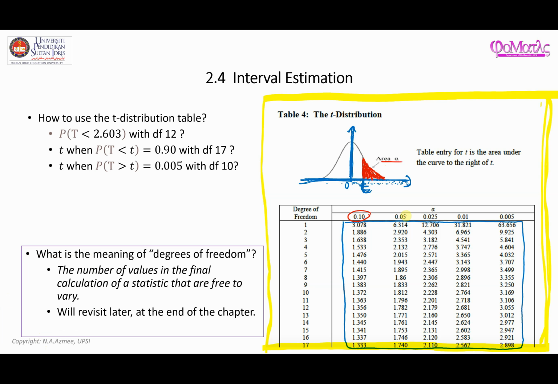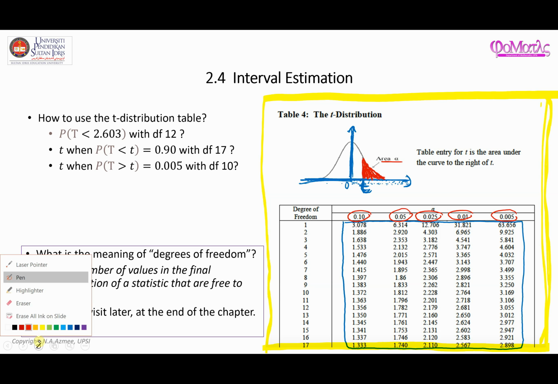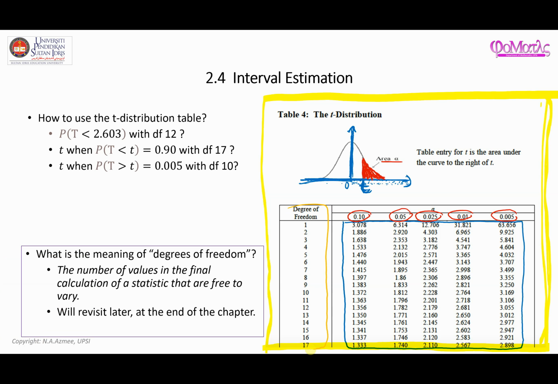This is the area on the right tail of the distribution. So that is the second item. And the third item that you need to understand is degrees of freedom, which will usually be stated beforehand.